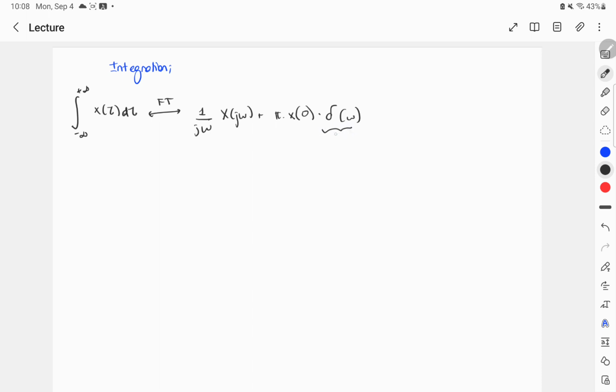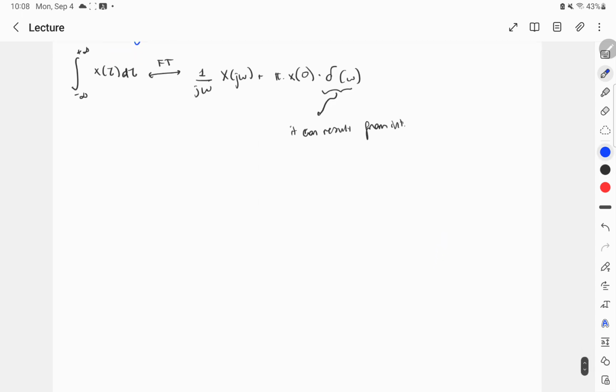Here the impulse term reflects the DC or average value that can result from integration. That's right. And then let's move on to the next property, which is time and frequency scaling.